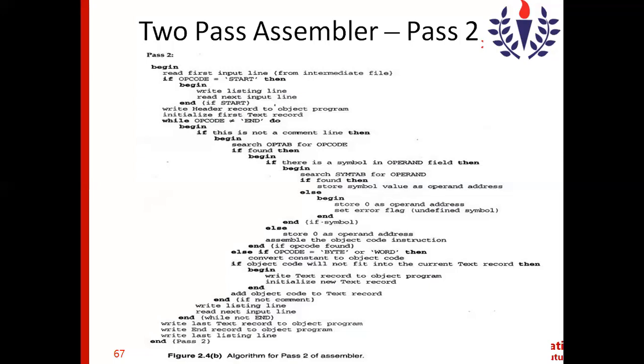When it creates the object program, it has to follow certain formats. So there is a structure for the object program. What is the structure and what are the contents of the object program, and how the assembler does the pass 2 operation and functions and creates the object program, we'll see in the next part.